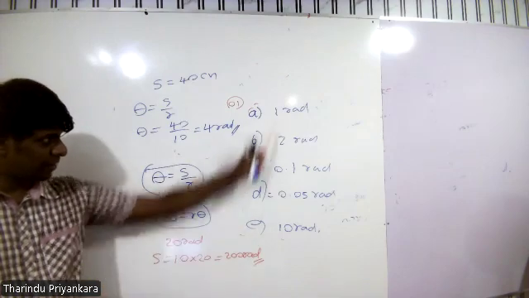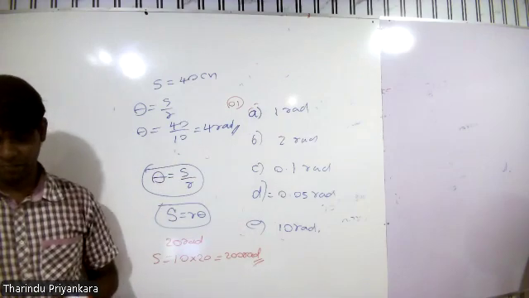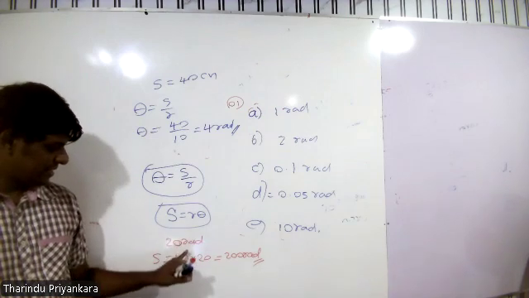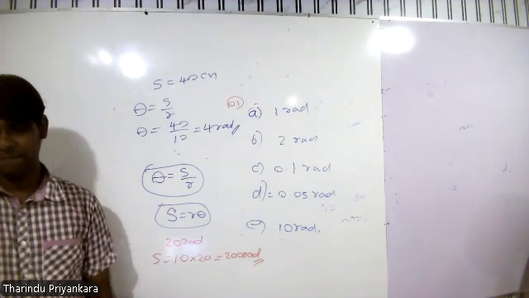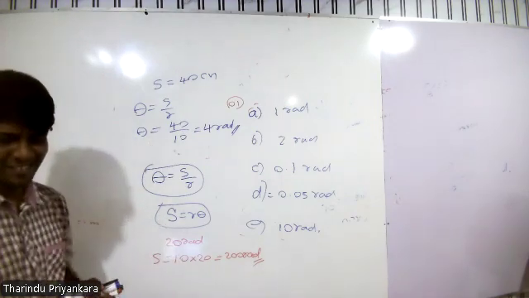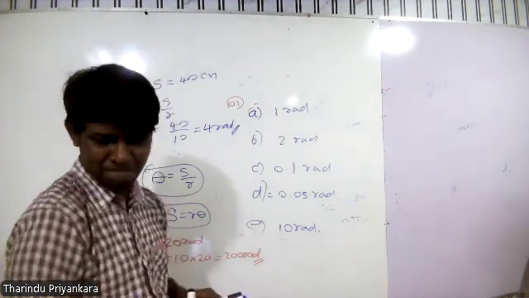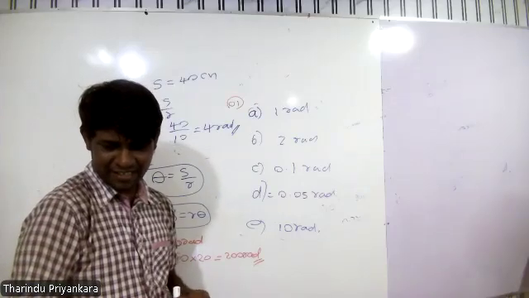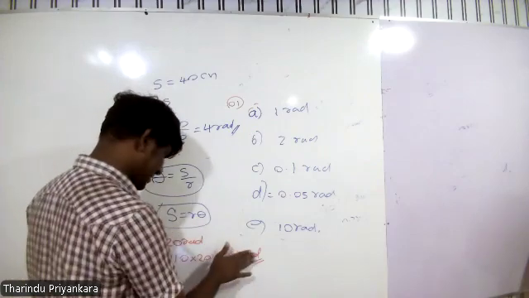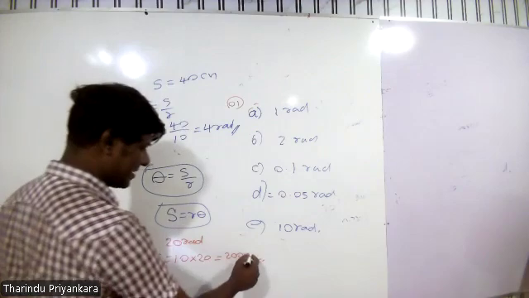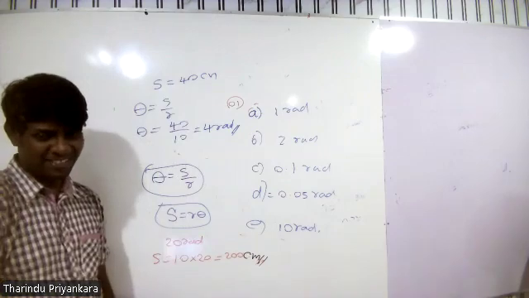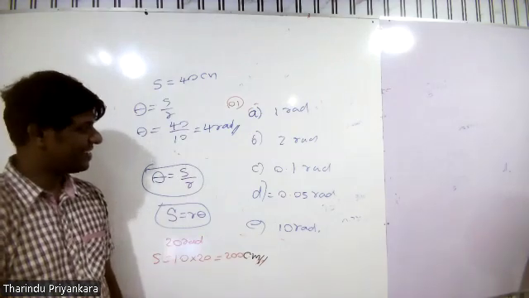If you don't know, now you can try. 10 by 20 equals 200. Evaluate. Sorry, the answer is in centimeter, not radian. We are finding the arc length. Good observation.